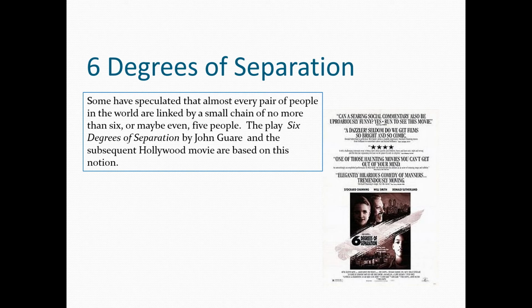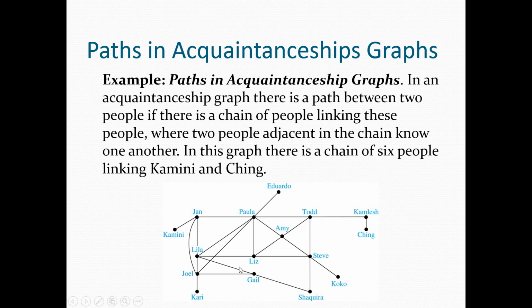Now the play Six Degrees of Separation by John Guare and the subsequent Hollywood movie are based on this notion, 6 degree of separation. Okay. So this is an important fact about the 6 people chain, what we observed in this example.